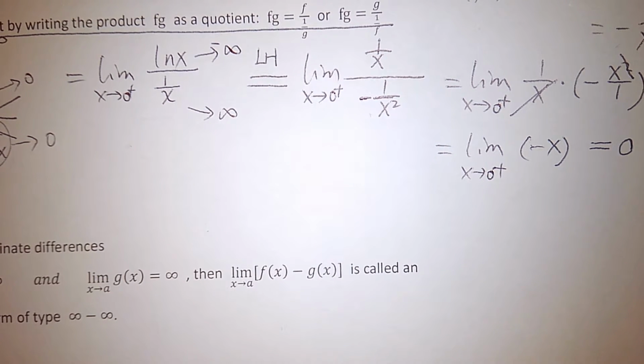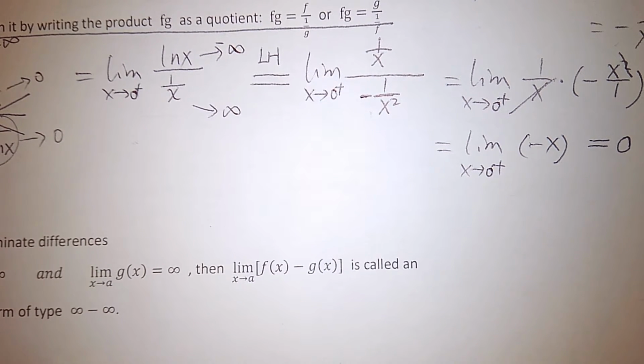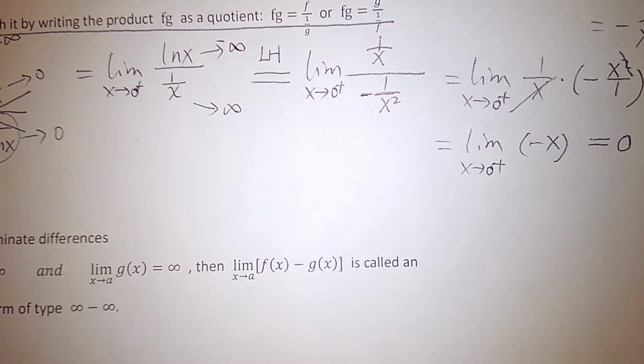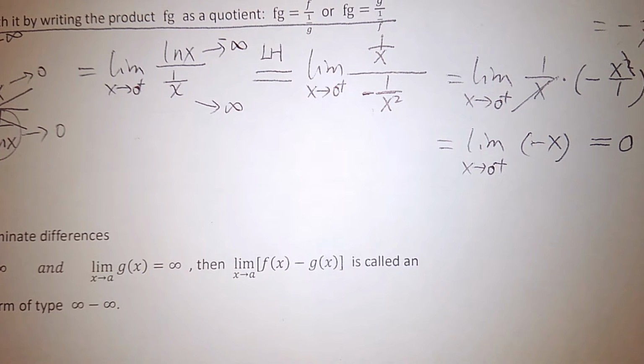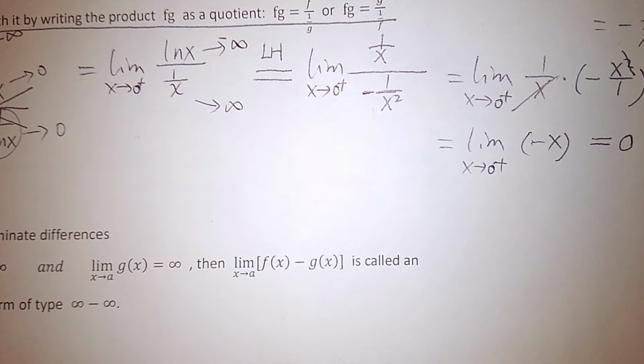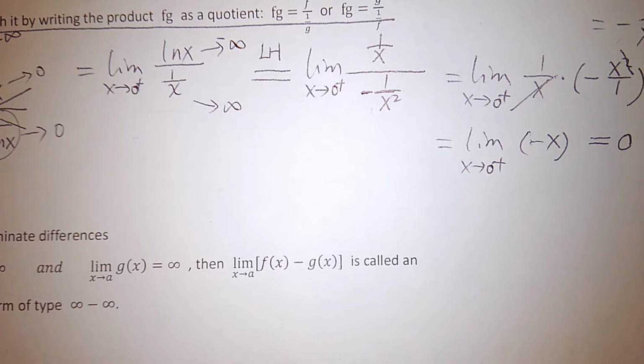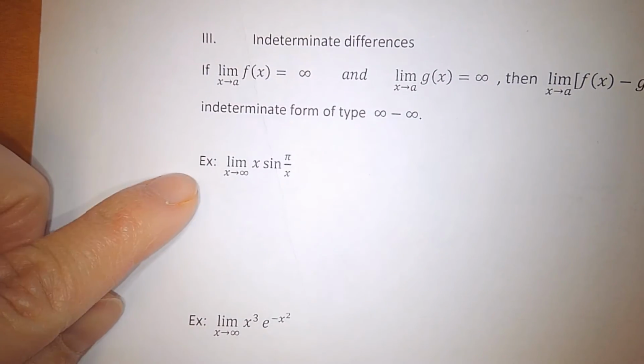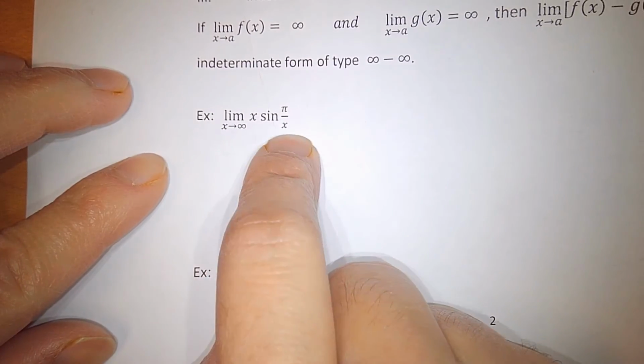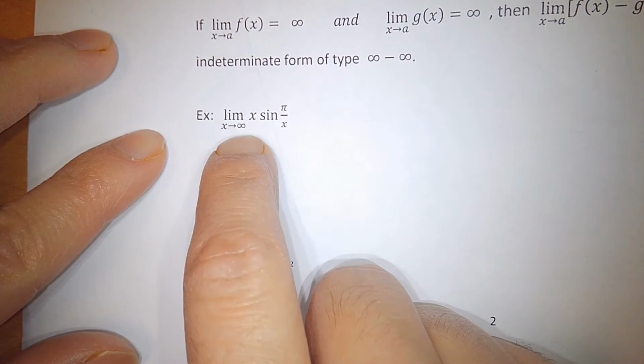You guys, that's good? So when we encounter a 0 times infinity, we make sure one function stays on the top, and then we put the reciprocal of the other function on the bottom, and make sure it's either 0 over 0 or infinity over infinity, and we keep on using L'Hospital. You guys, that's good? Now these two examples, okay, let's check.